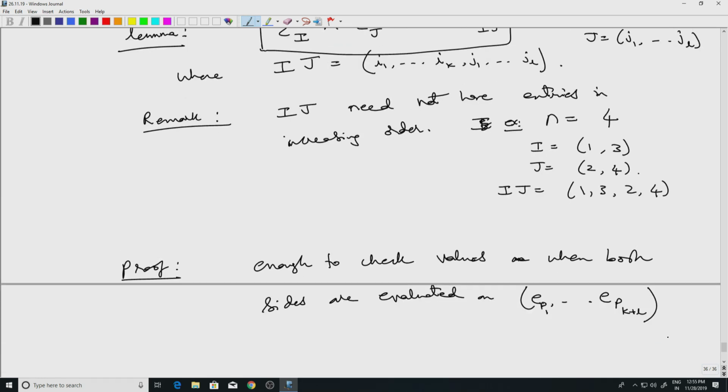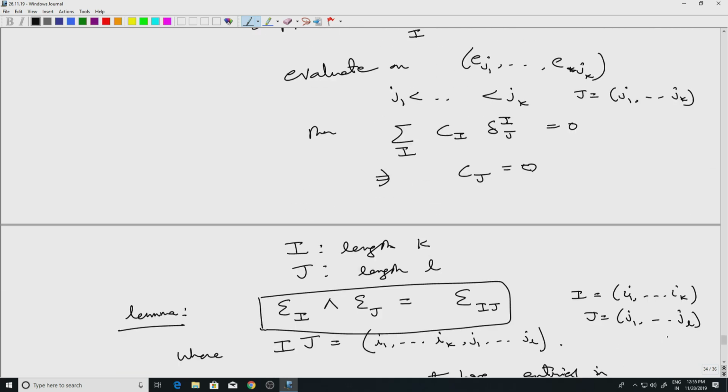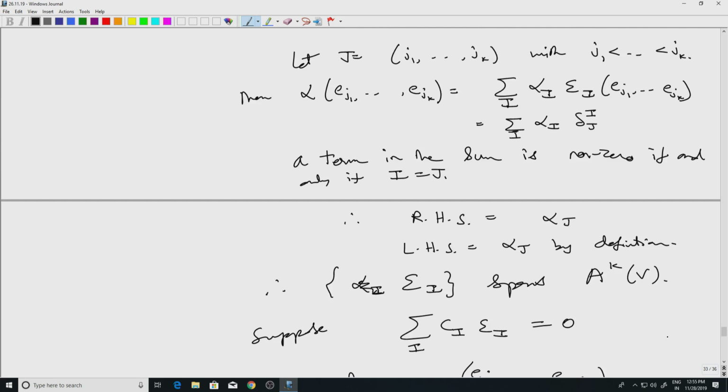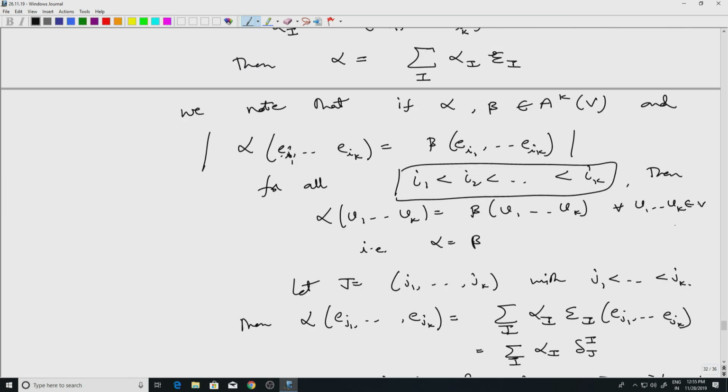But of course I can assume that these P1 all the way up to P(K plus L) are in an increasing order, since that's the comment that we made last time in the previous statement, that if we have any two K forms and we want to check that they are the same, it's enough to evaluate them on K basis vectors where the indices can be assumed to be increasing.